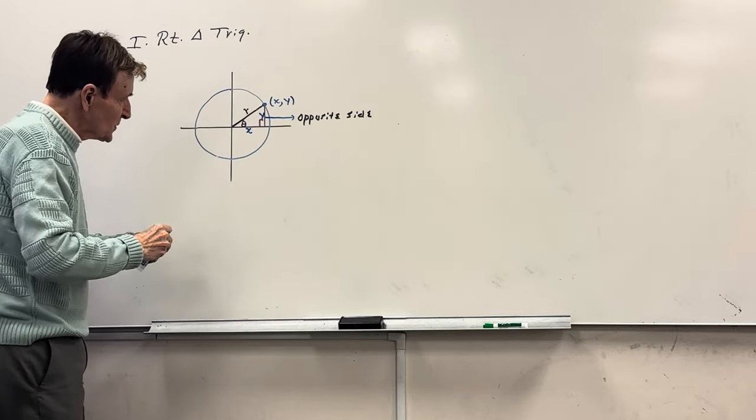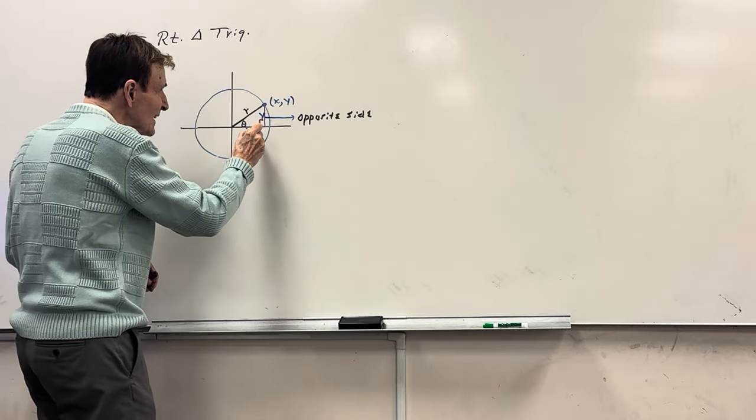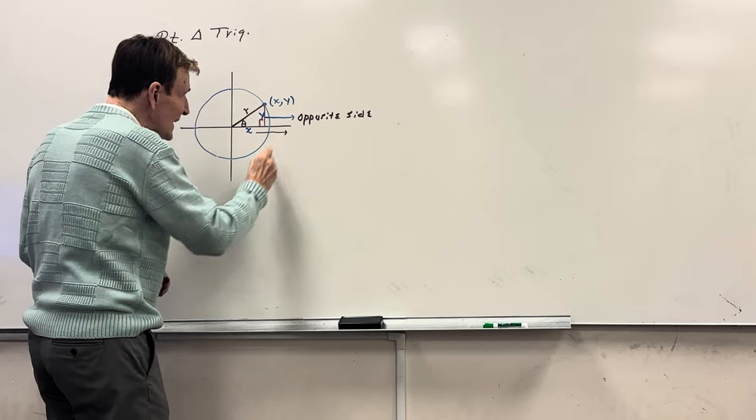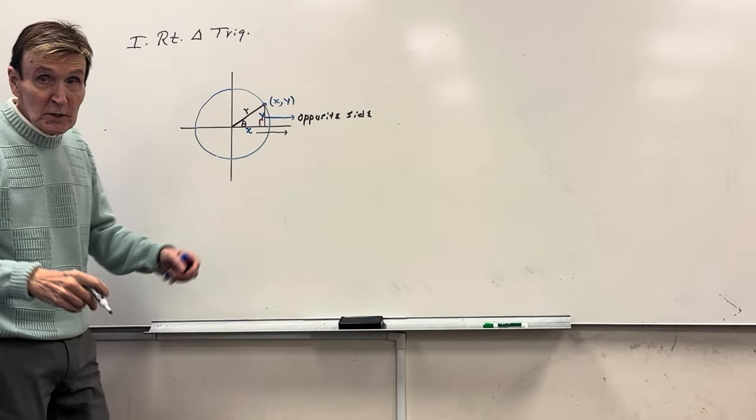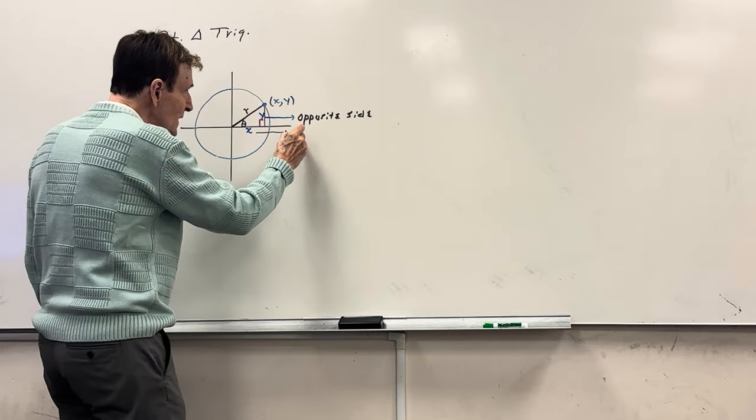They also, for students, especially in middle school, give a name for the base down there, the X. Some students may recognize what that was back then. That was called the adjacent side.